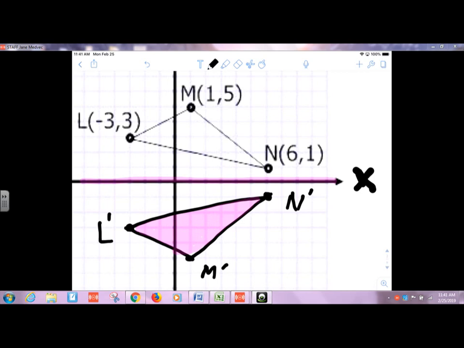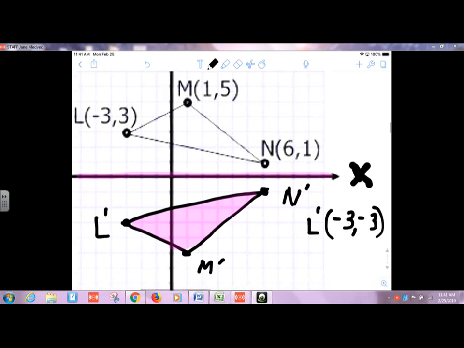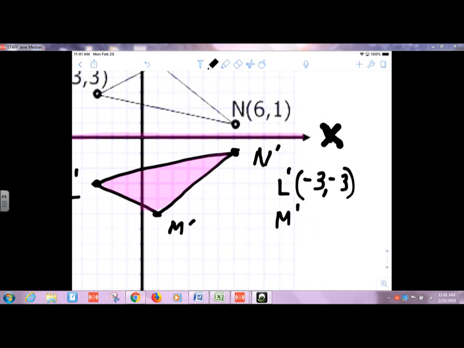Off to the side, I'm going to write L prime. L prime is -3, -3. M prime is going to be -1, comma, I'm sorry, it's +1, comma, -5.